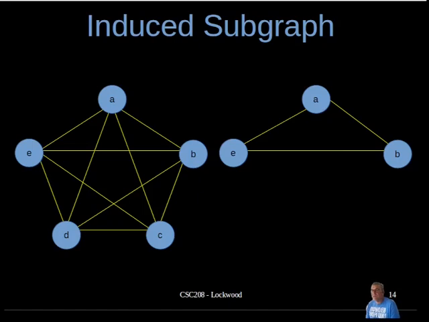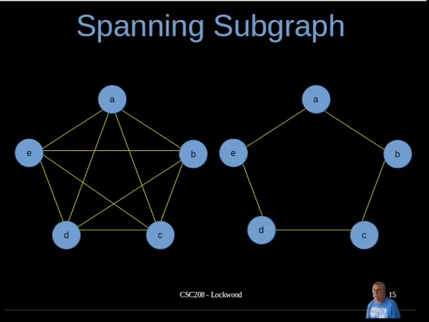So it's induced because it's a subset of the vertices of the original graph, and it includes all the edges that connect that subset of vertices. And lastly, we have a spanning subgraph, which has all the vertices of the original graph, but not necessarily all the edges.